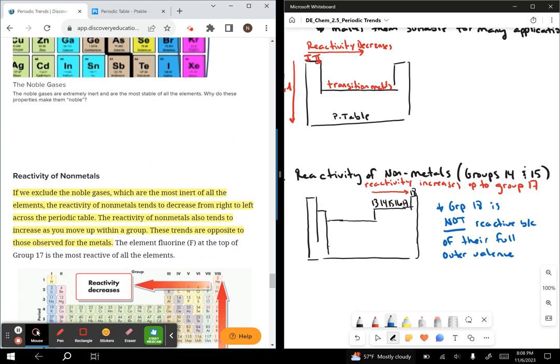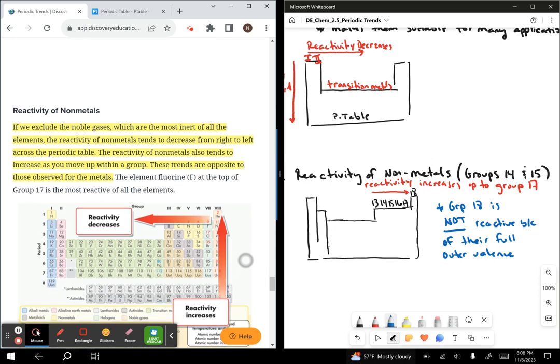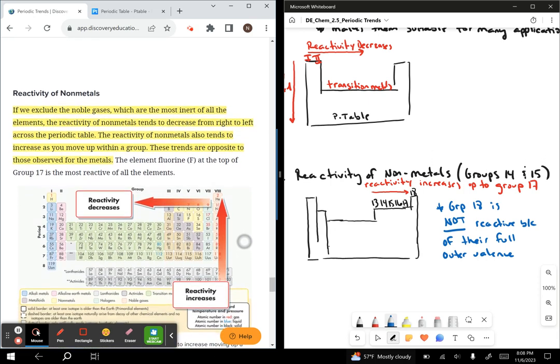Okay, well, what else do we want to say here? Reactivity in nonmetals tends to decrease from right to left, and also tends to increase as you move up. They tell us that this is opposite to those observed for the metals.